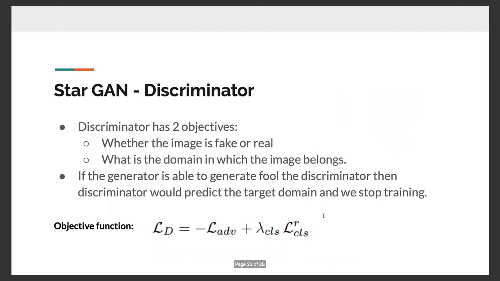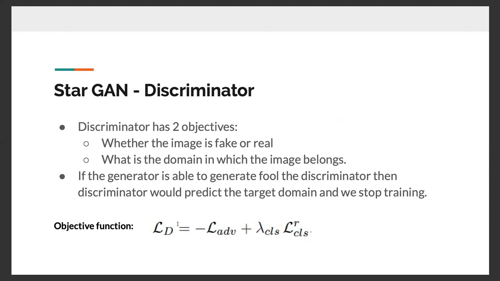And also our discriminator has two objectives. The first one is to tell whether the generated image is fake or real, and the second one is what is the domain to which the generated image belongs. So if the generator is able to generate some images to fool the discriminator, then the discriminator would predict the target domain, and then we stop training.